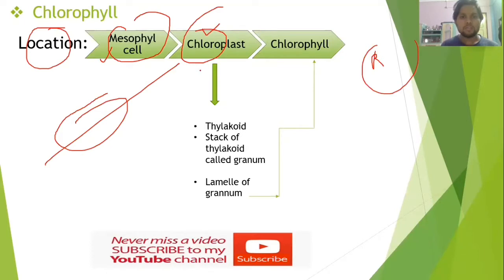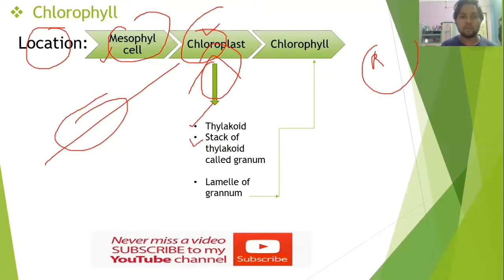So this is the chloroplast which is used for photosynthesis, which carries the photopigment, that is chlorophyll. In chloroplast, you can see thylakoid, and stacks of thylakoid.